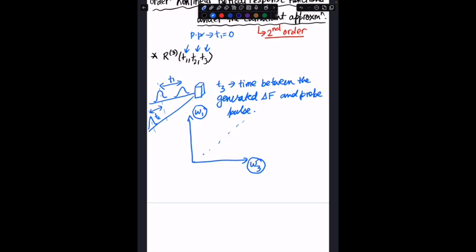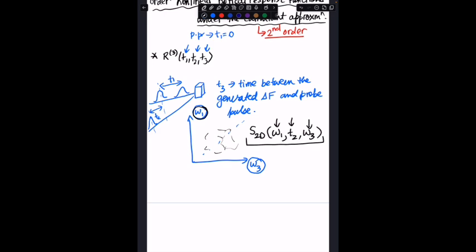So whatever spectral features you observe in your 2D spectrum, let's call it S2D of omega 1, T2, omega 3, right? So this is your excitation, detection, and this is your delay between your second pump pulse and your probe pulse. So let us call your 2D spectrum this way.